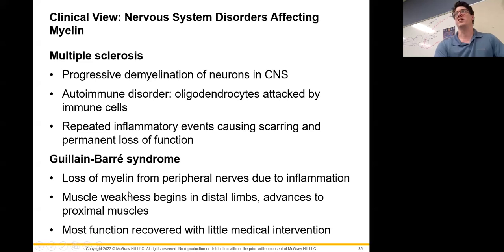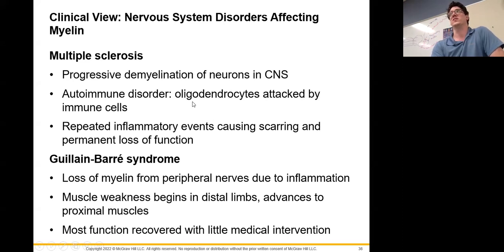Now, I mentioned Guillain-Barré. This can be something that goes away over time, so that you can recover function. However, if it does not go away, you basically will lose access to muscle strength and all that kind of fun stuff. Multiple sclerosis is a much worse form.